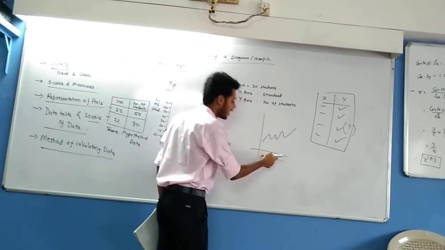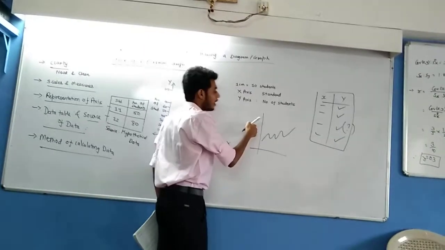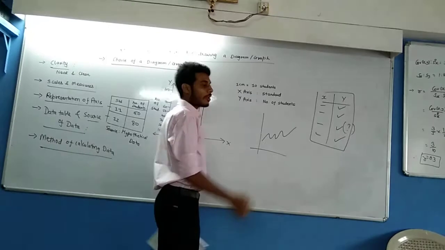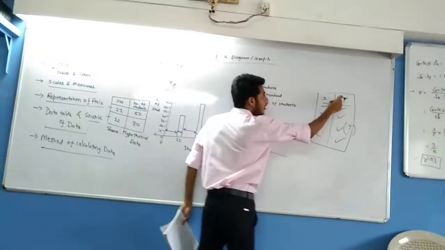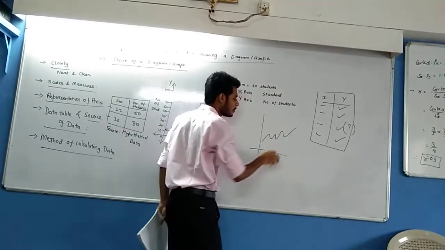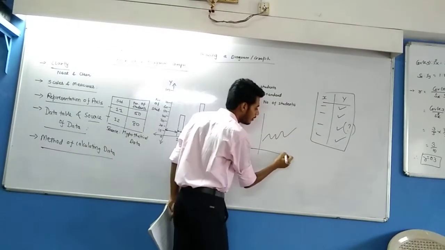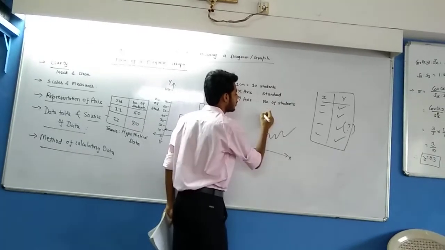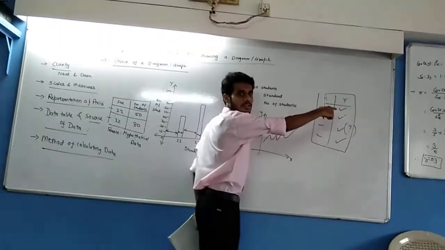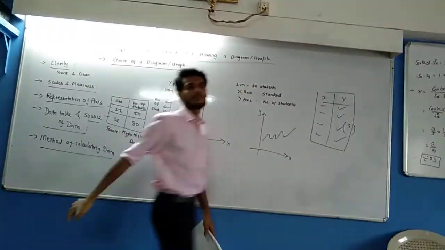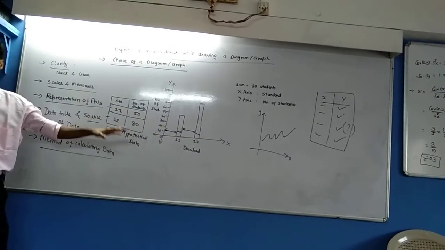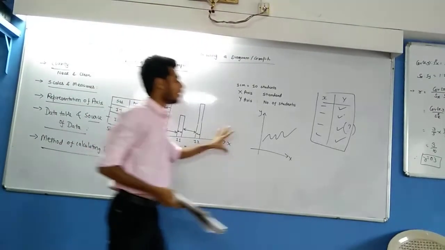Y is the dependent variable because the values of y are based on the values of x. So x being the independent variable, we will plot x on the x-axis and we will plot the values of y on the y-axis, and by connecting the points we can get a graph. This is how the method of calculating data points is important for you to learn.